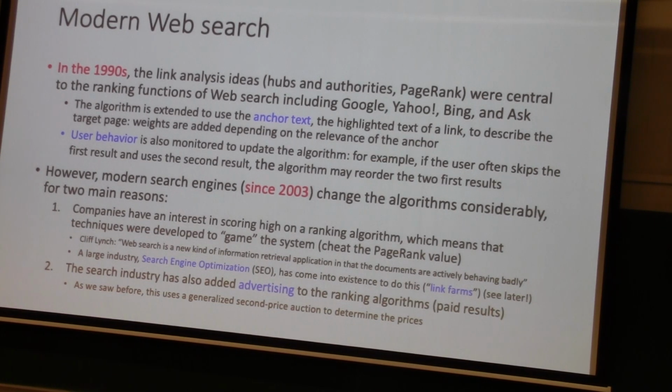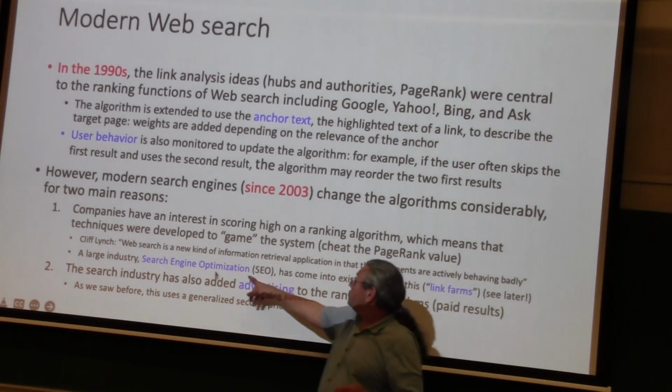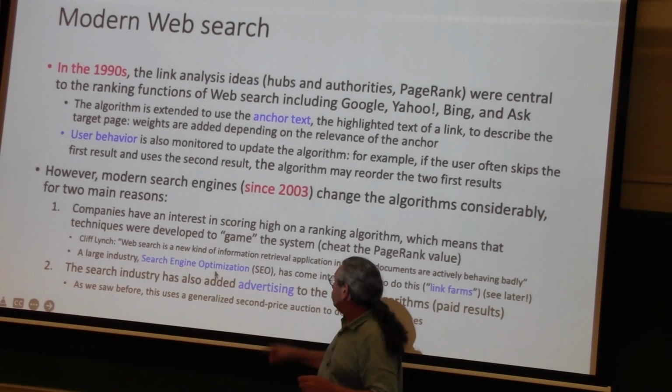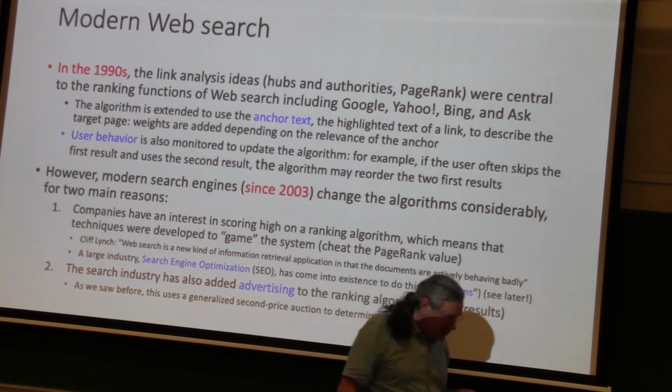So this is the basic algorithm. It was modified a lot. I won't say so much here because we're going to go into the other slides. Search companies will cheat. They don't call it cheating. They call it search engine optimization, SEO.